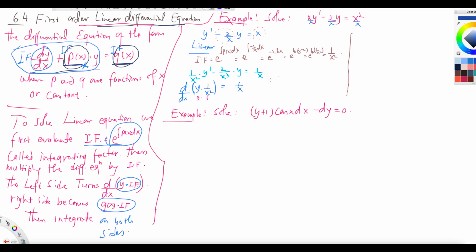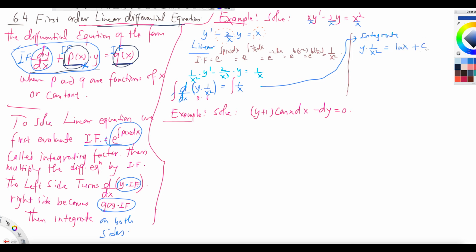Now what we do next is we integrate. Okay, let us integrate. You integrate that one, you integrate that one, right? So this can be written as the integral, and the derivative and the integral cancel out. So you get y times 1 over x squared equals, what is the integral of 1 over x? This will be natural log of x plus c, right?